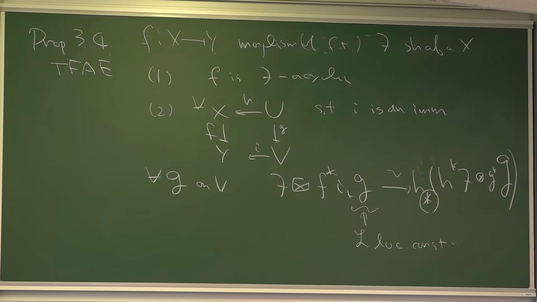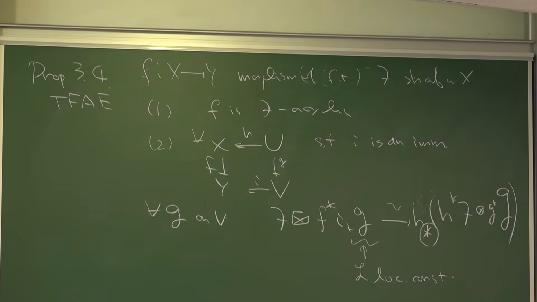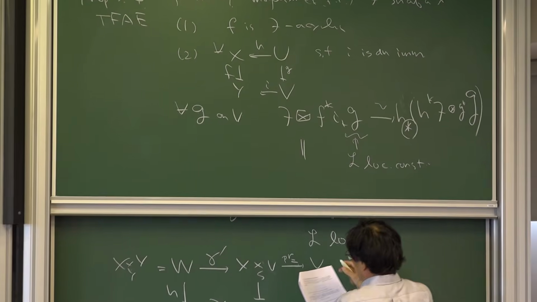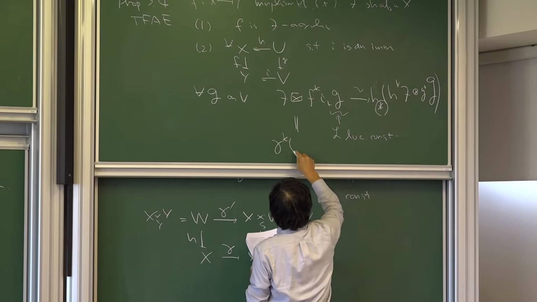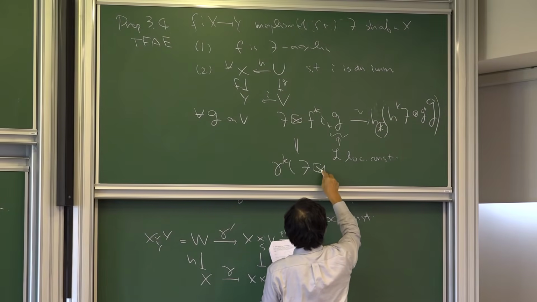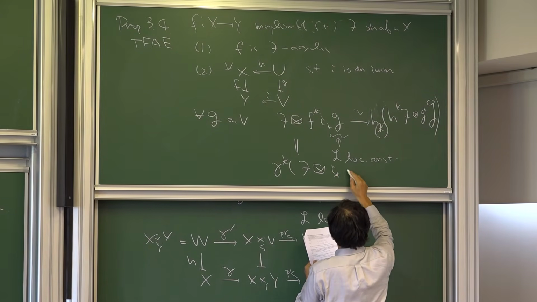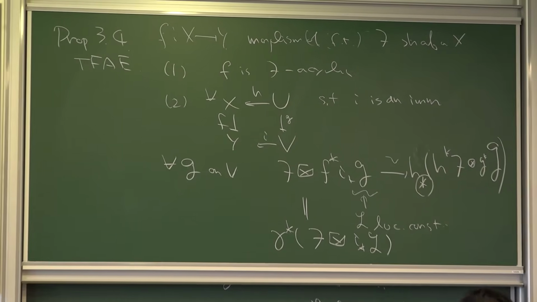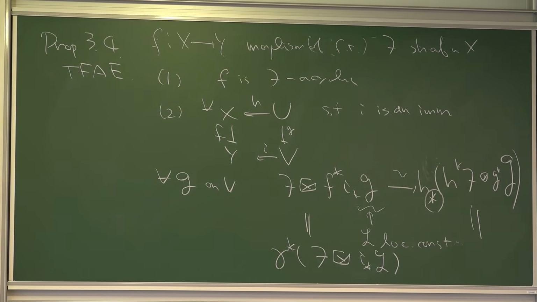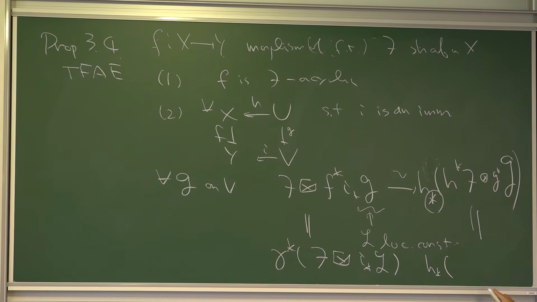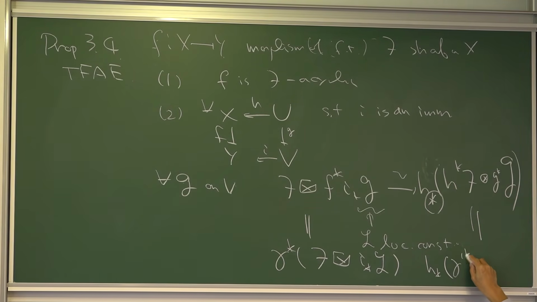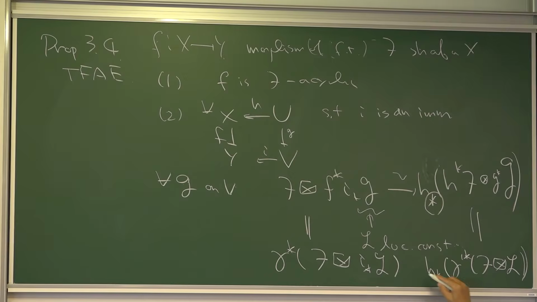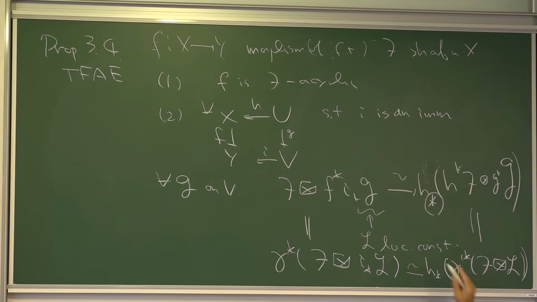With the notation here, we can write this as gamma star of F external product i star of L. So I replace this G by L. And similarly, h star of gamma prime star of F external product L. So the second condition is that this is an isomorphism.